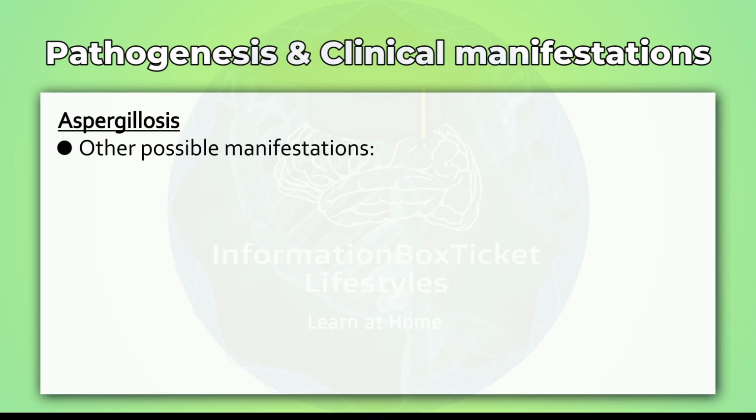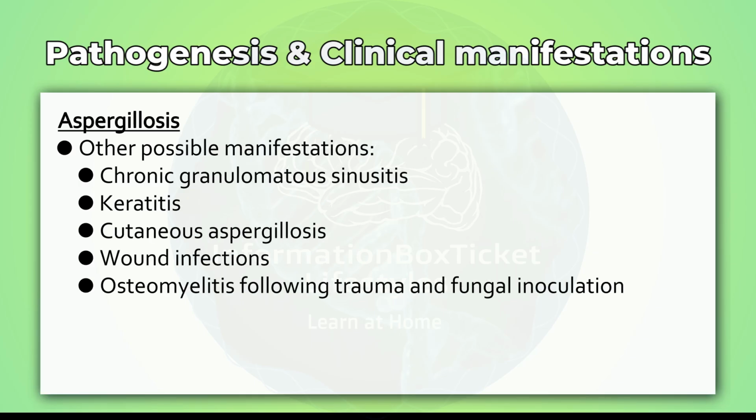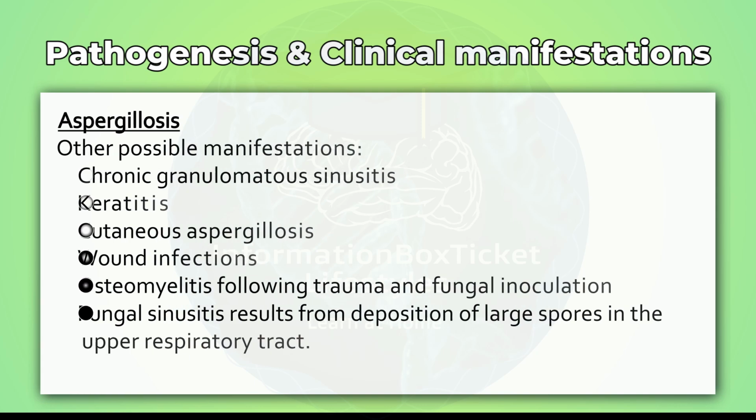Other possible manifestations: chronic granulomatous sinusitis, keratitis, cutaneous aspergillosis, wound infections, osteomyelitis following trauma, and fungal inoculation. Fungal sinusitis results from deposition of large spores in the upper respiratory tract.